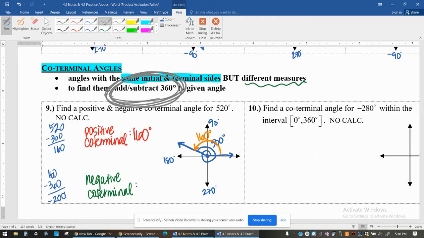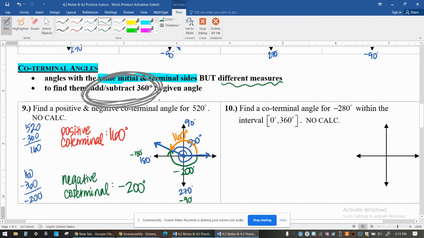So the angle negative 200 is a coterminal angle because look, negative 200, so let me use green. The negatives would have been negative 90, negative 180, right? This would be the negative 200, 20 degrees past the 180.